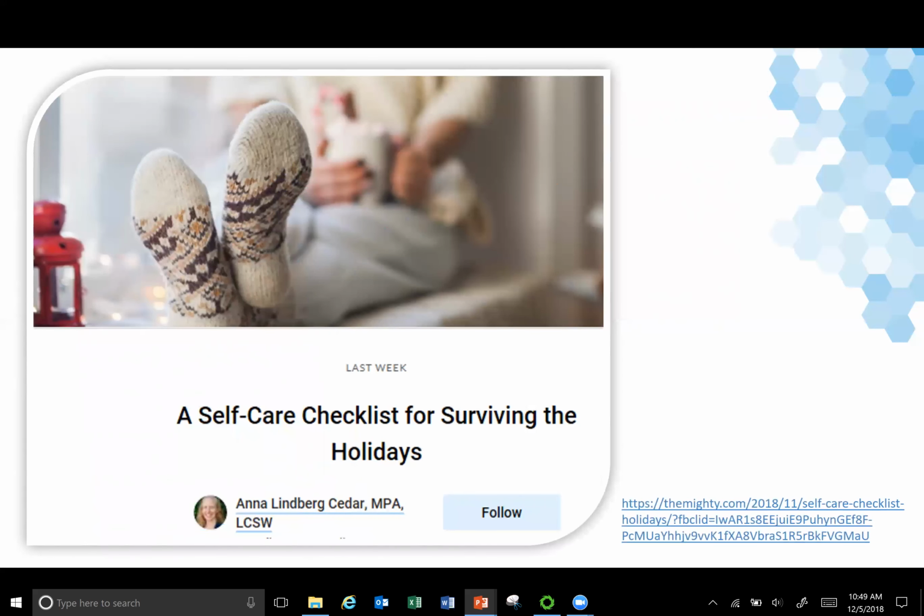Okay, thank you. This is Camille Goldie again. One of the tools I want to share reinforces self-care and acknowledges that we really need to be working on taking care of ourselves so that we can regenerate and come back in the new year. This is a great self-care checklist for the holidays, highlighting the importance of acknowledging that holidays may not always be a happy time for everyone.